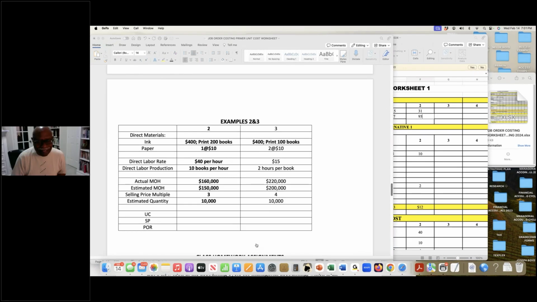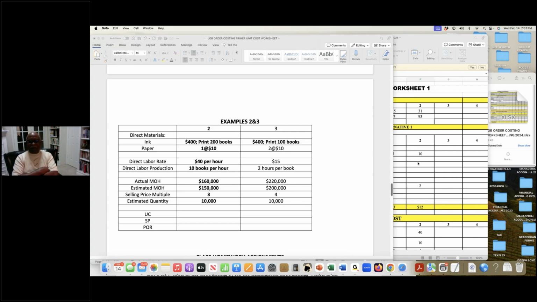No, you'll get 30. You'll get 15 times 2. I thought you divided, because on the first one he did 20 divided by 40 and he got 0.5. Yeah, you divide it if it goes by cost per hour. That's why on the third one it doesn't have cost per hour. It says 2 hours per book.